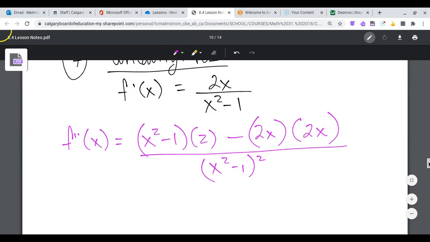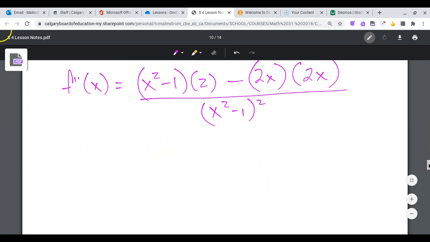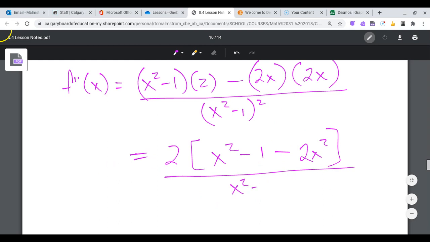And then can we tidy this up? Let's see. We could factor out a 2. What would we be left with? We'd have x squared minus 1 minus 2x squared on x squared minus 1 squared.